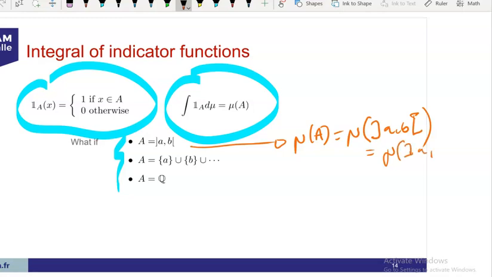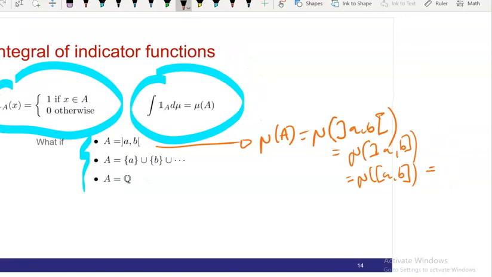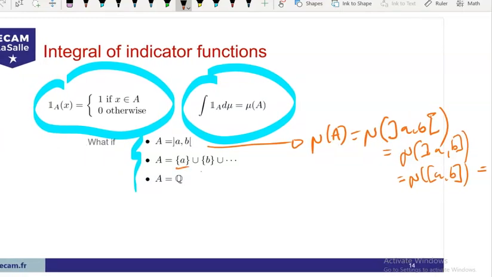Let's say I'm opening it on one side, closing it on the other side. If you remember, we've already used that kind of idea that just one single point doesn't have any width. So the measure of this interval, whether it is closed or open on either side, is going to be B minus A.